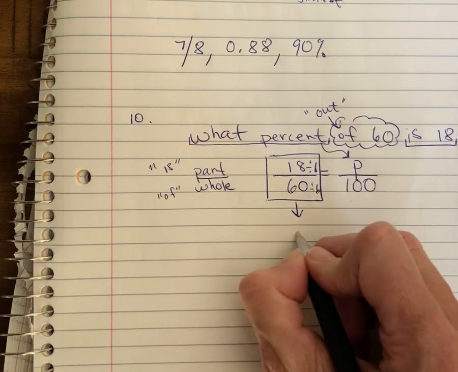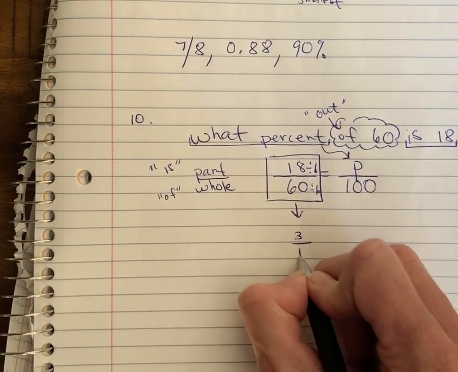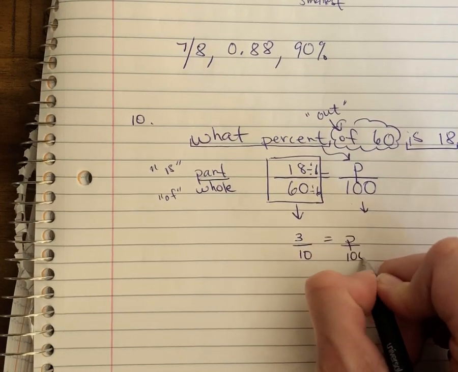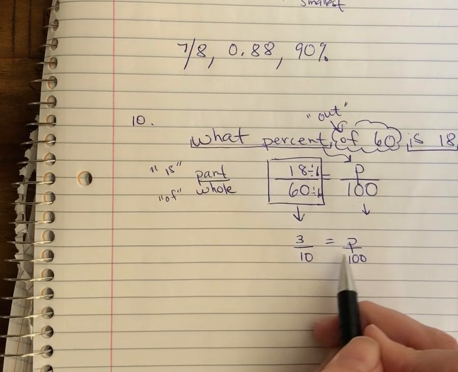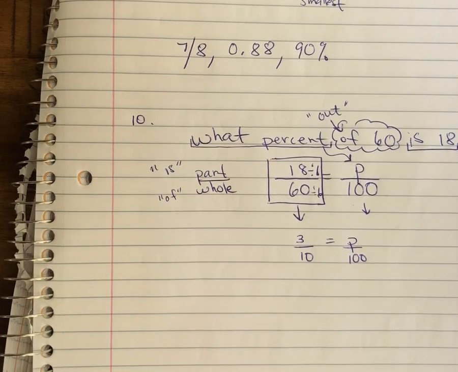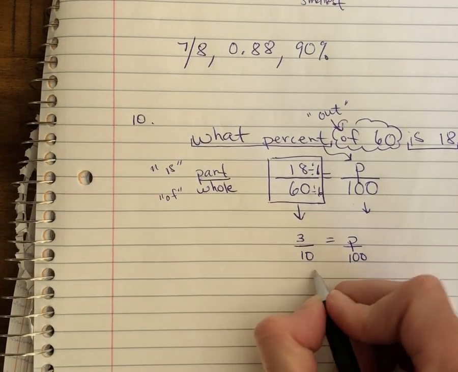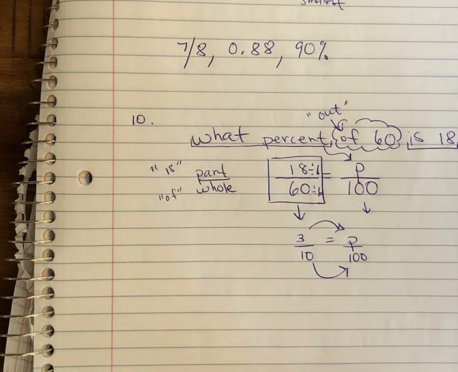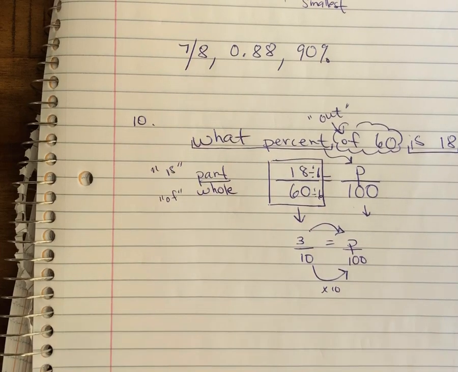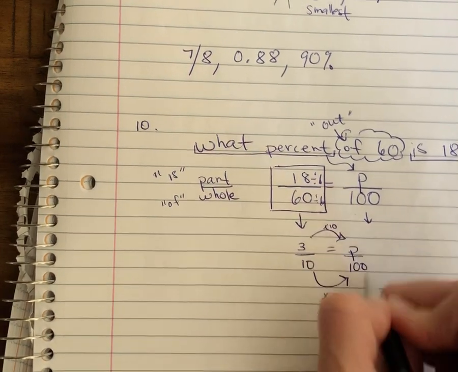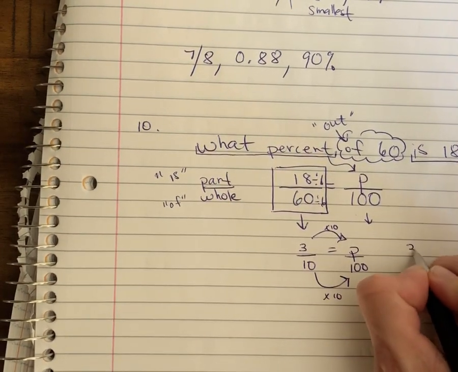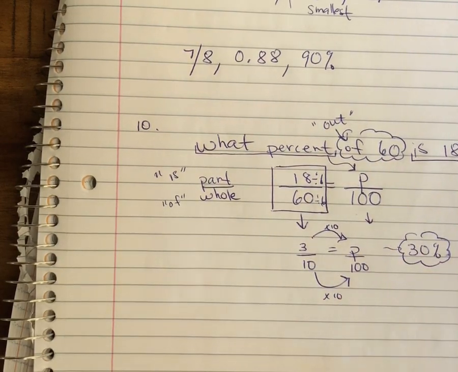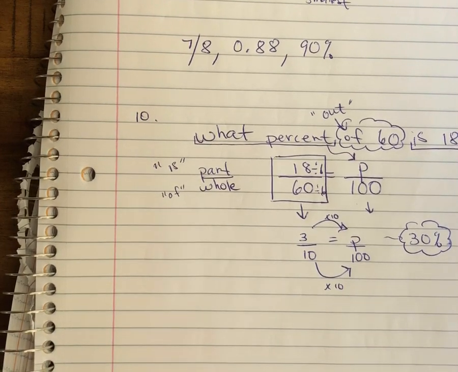Okay, 18 divided by 6 is 3. 60 divided by 6 is 10. Drop down the second half of our proportion. You could use cross products again if you wanted. 10p equals 30. Or if you look now, we can easily find our equivalent ratio here, okay? 10 times 10 gets us to 100. Do the same thing to the numerator. 3 times 10 is 30. So p equals 30 or 30%, okay?